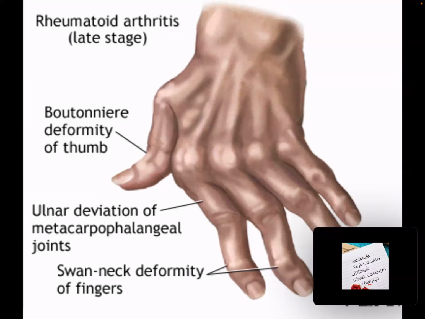This is the rheumatoid hand, and whenever you see this, ask the patient to do the prayer sign and ask the patient to make a fist. This will differentiate between Jaccoud's arthropathy and actual inflammatory arthritis.